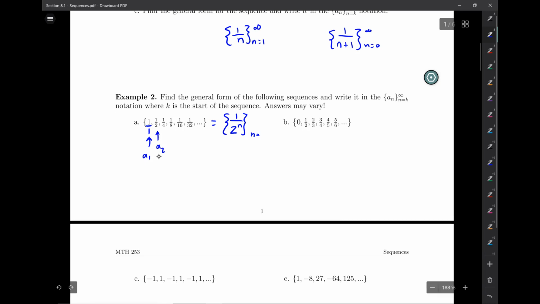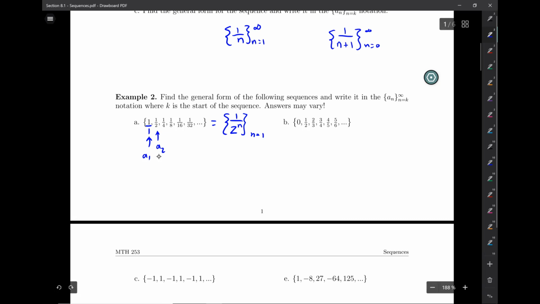So in general, we usually say that the first term is a sub 1, the second term is a sub 2, etc. And this is where the answers may vary comes in. You can start your sequence really wherever you want to start it. And in this case, if I started it at 1, I might have to tweak some things here.